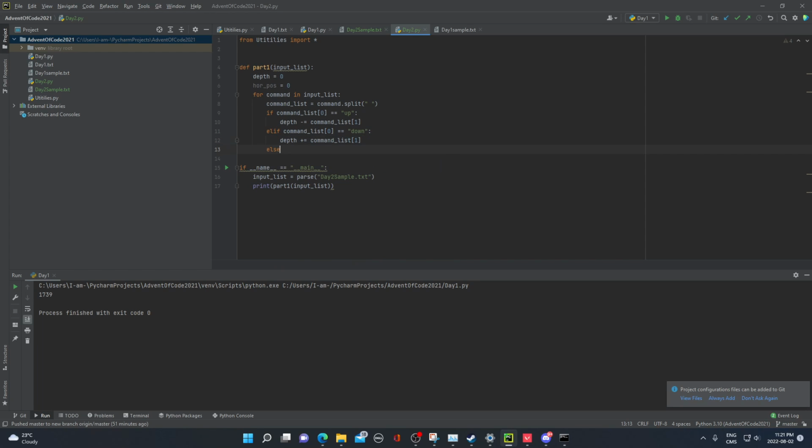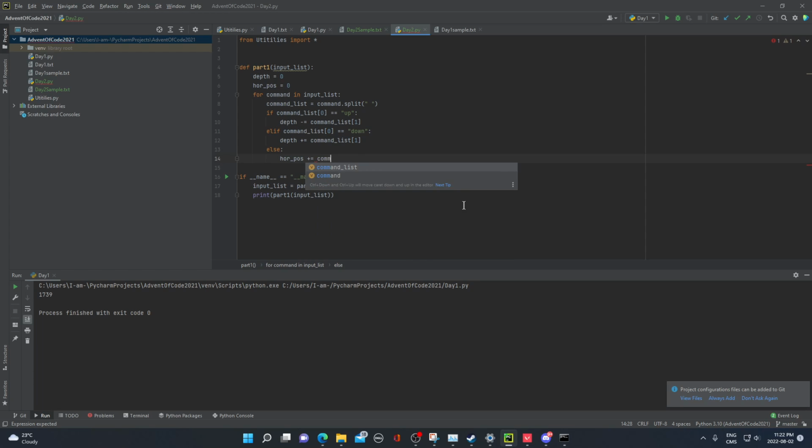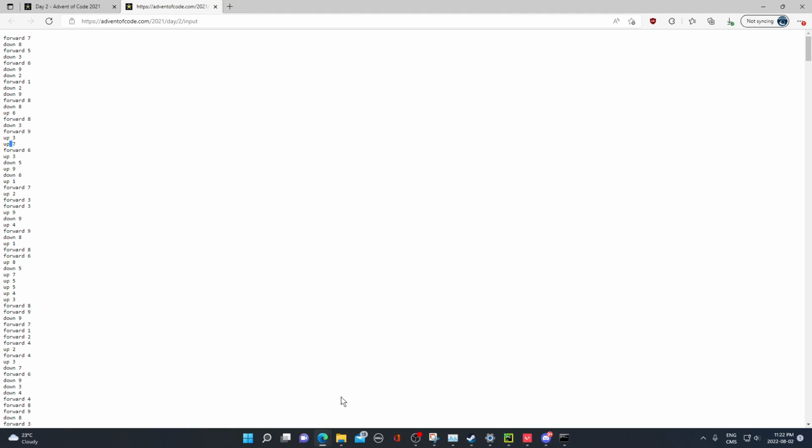And we can actually have an else because we know that there's only going to be 3 types of instructions in the puzzle input. And we assume that the puzzle input is correct. So the else will always be forward then. Horizontal position will always increase. I don't know when it ever decreases. I don't think there are any negatives. Let's see.